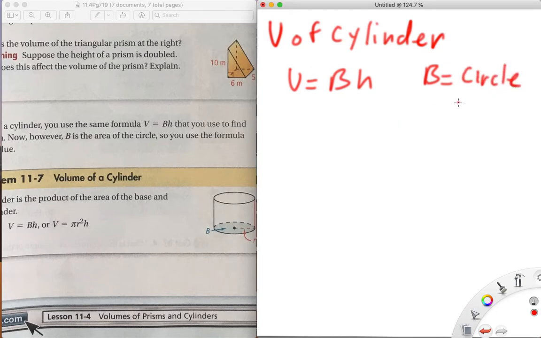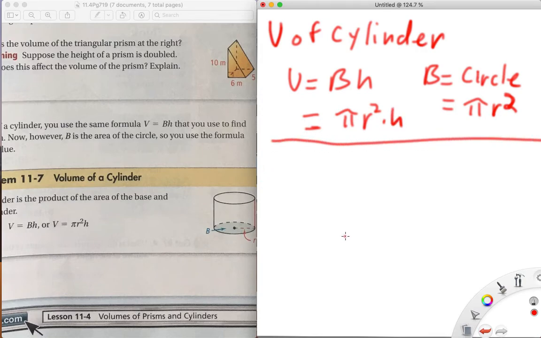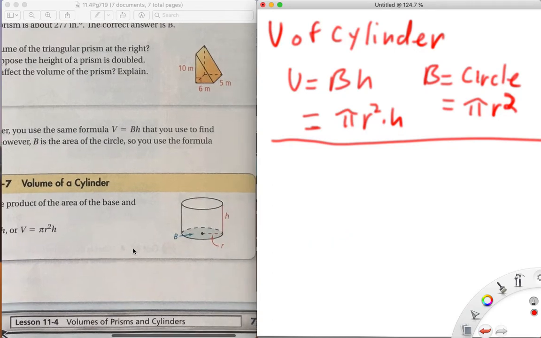And since the base is a circle, then we use the equation pi r squared. So for cylinders, the equation is volume equals base times height, but we can also say volume equals pi r squared times the height. And that will give us the volume for a cylinder.